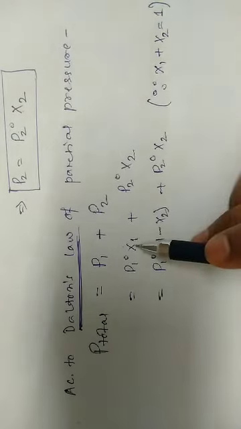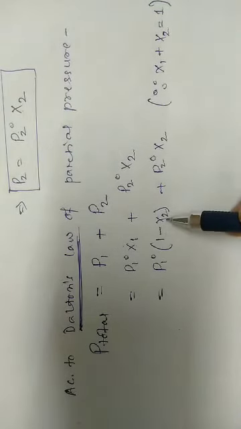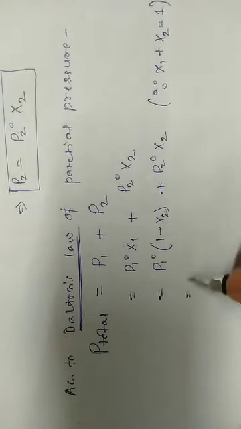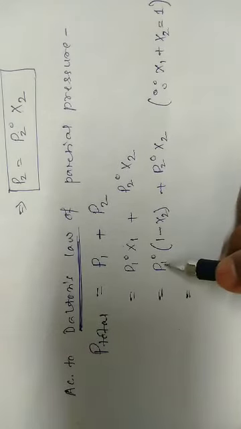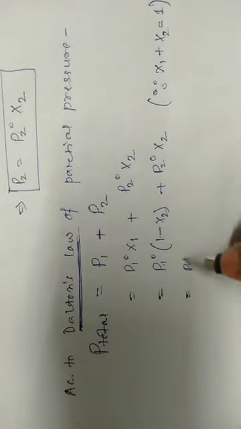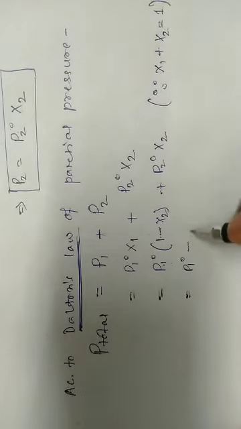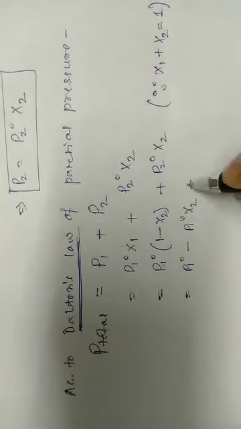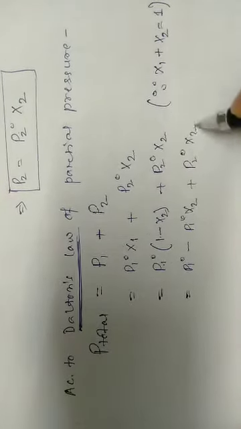So in place of X1, we have written 1 minus X2. Then multiply P1 naught into 1, P1 naught, and then P1 naught times X2 is subtracted, plus P2 naught X2.